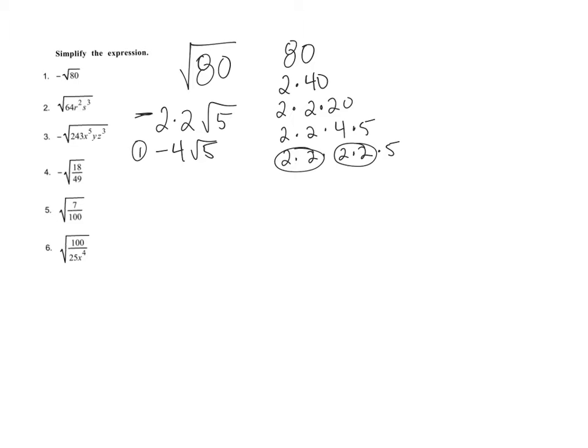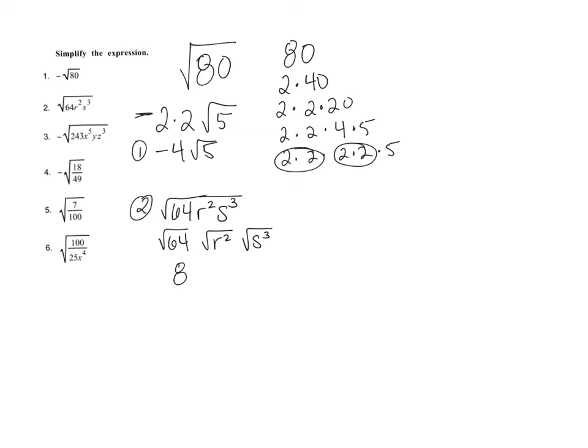Number 2, when I have the square root of exponential expressions, I'm first going to look at the square root of 64r squared s cubed. I'm going to look at the square root of 64 separate from the square root of r squared, separate from s cubed. The square root of 64 is 8.